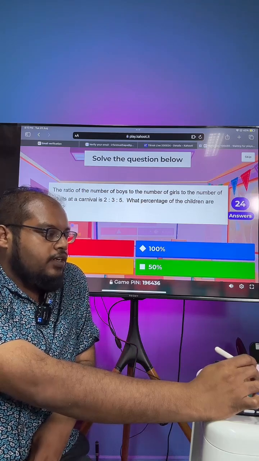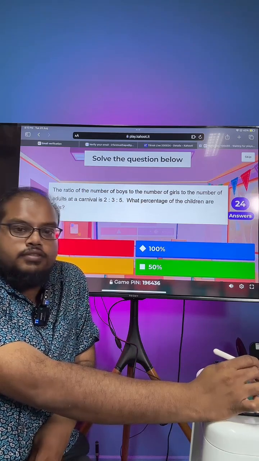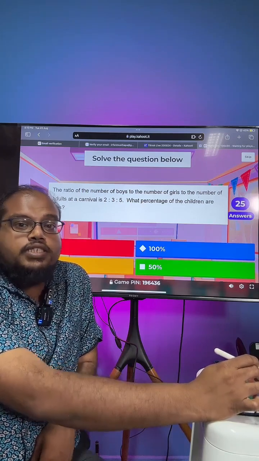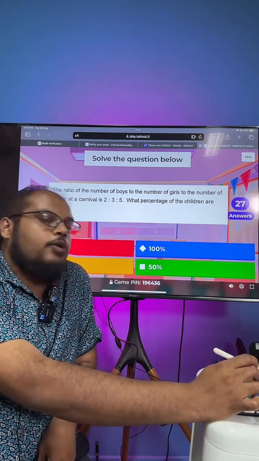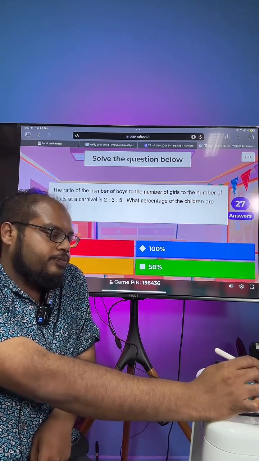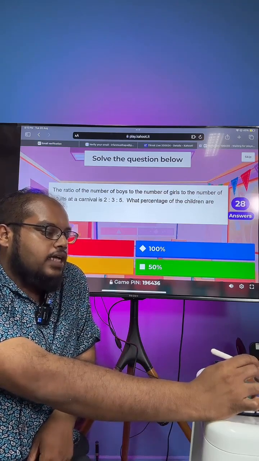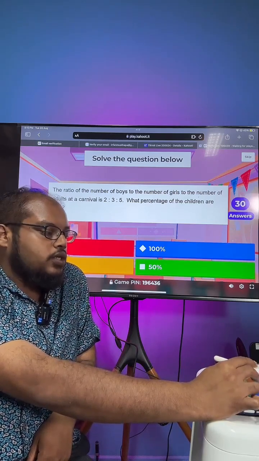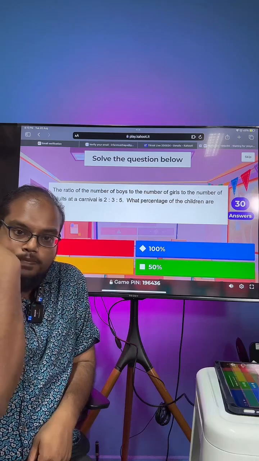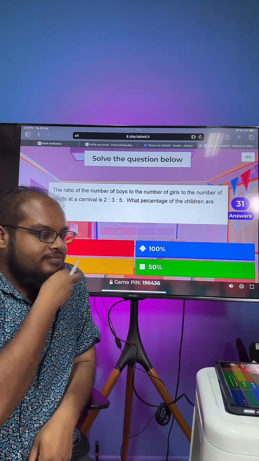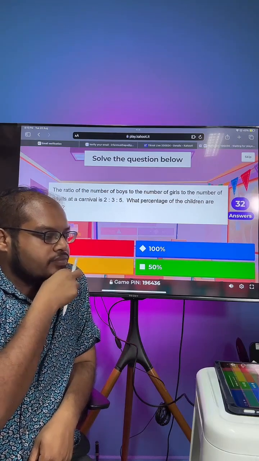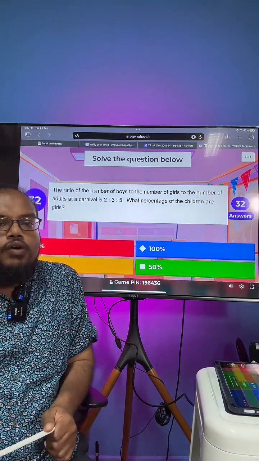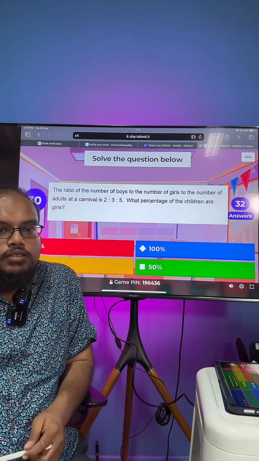Okay, one more minute. What percentage of them? Not what percentage of the children. Are girls. The ratio there is boys to girls to adults. It's asking for the percentage of the people who are girls.